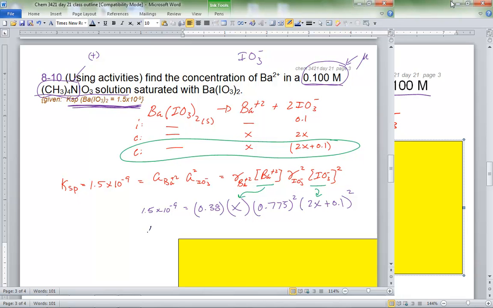So we'll have something like 1.5 times 10 to the negative 9. It's going to be approximately 0.38 times x times 0.775 squared times 0.1 squared. Then we solve for our x.